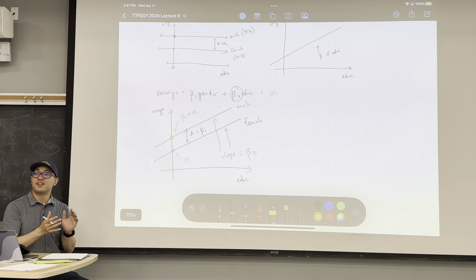I'm going to copy and paste a big chunk of code.